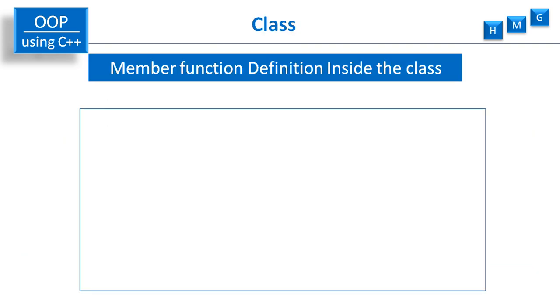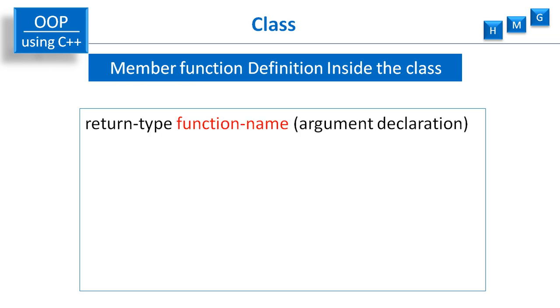Now let us go for member function definition inside the class. The general form of defining the member function inside the class is very simple. It is just like a regular C function, that is a return type, function name, in the parenthesis argument declarations.